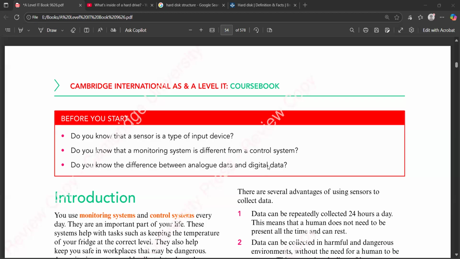There are a number of examples that I have shared with you on WhatsApp, and let's discuss these examples regarding monitoring and controlling.